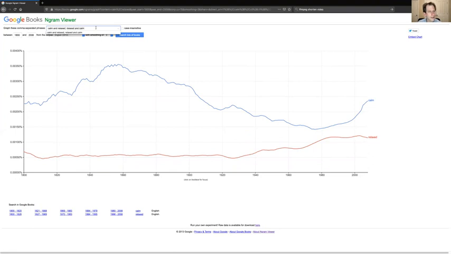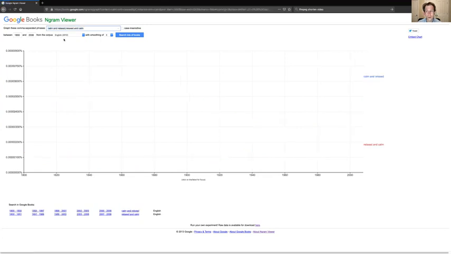I can also go back up here and use the Ngram Viewer to type in a three-word expression, and compare the two orderings. One interesting thing that you can see, which is not something I would have guessed before, is that before about 100 years ago, neither of these was an appreciably frequently used multi-word expression in English at all.